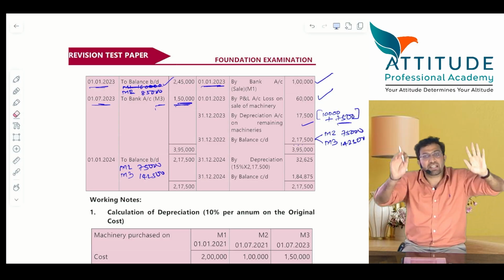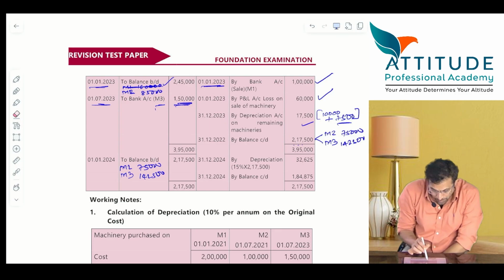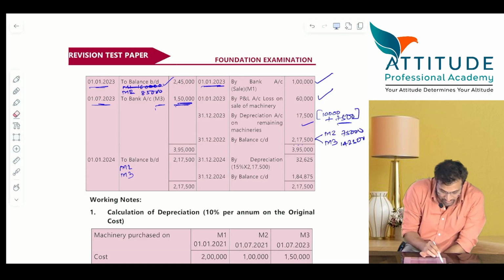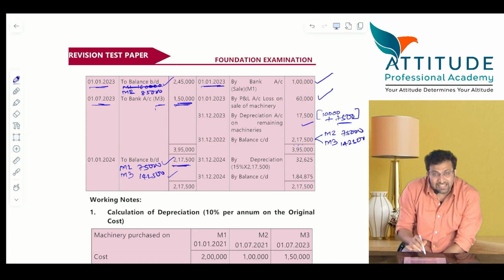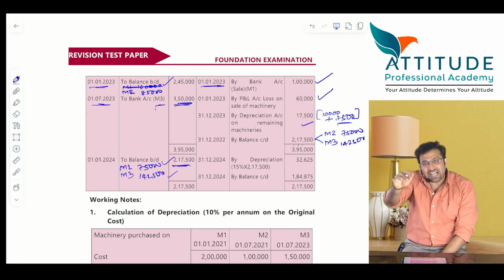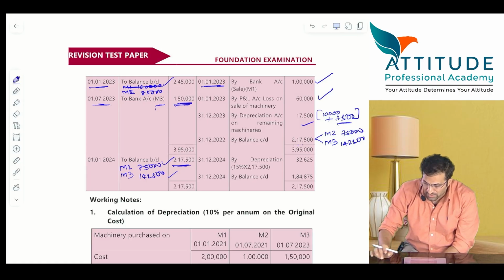Now from this year change it to WDV. Now इसके ऊपर 75,000 और 1,42,500 दैट इज 2,17,500 के ऊपर चार्ज करो 15%. 2,17,500 इंटू 15%, टोटल कितना आया?